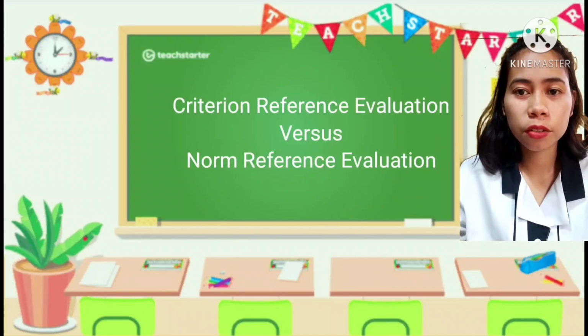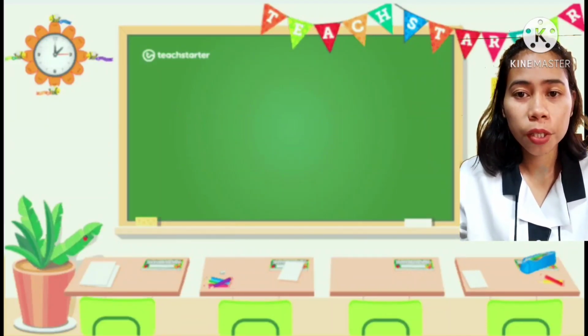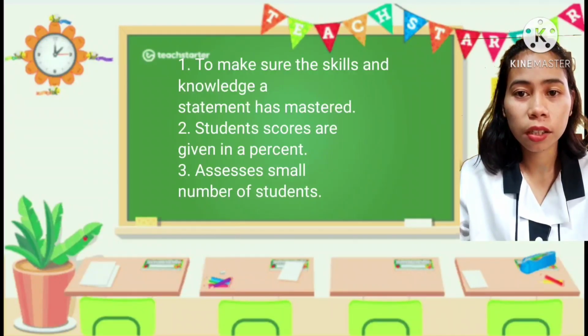Now, let's proceed to criterion reference evaluation versus norm reference evaluation: how they are similar and how they are different. For criterion reference evaluation, first, it measures the skills and knowledge a student has mastered.